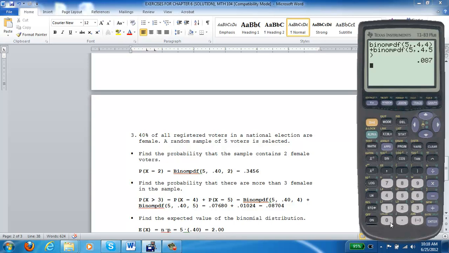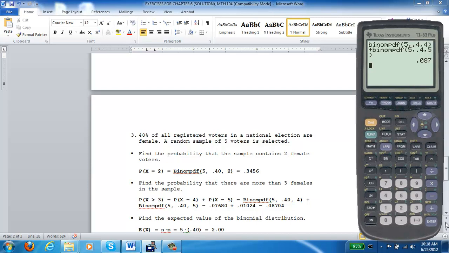So 0.087, and this is the answer that I have. I have here 5 decimals, in the graphing calculator I have 3, so this is the answer.